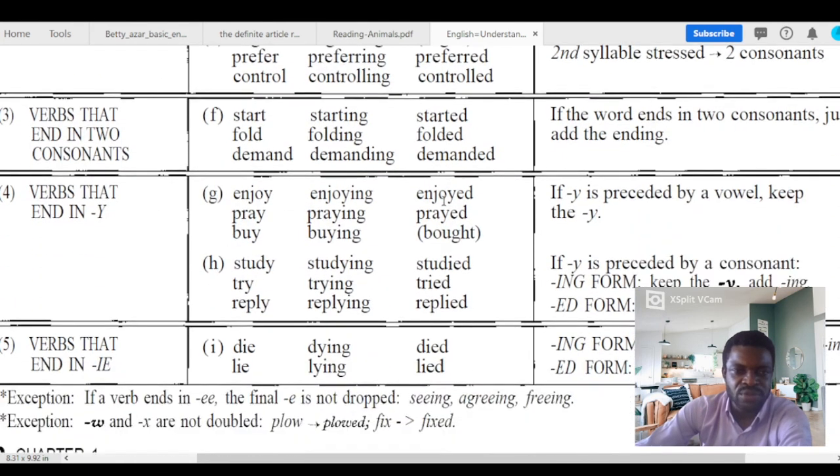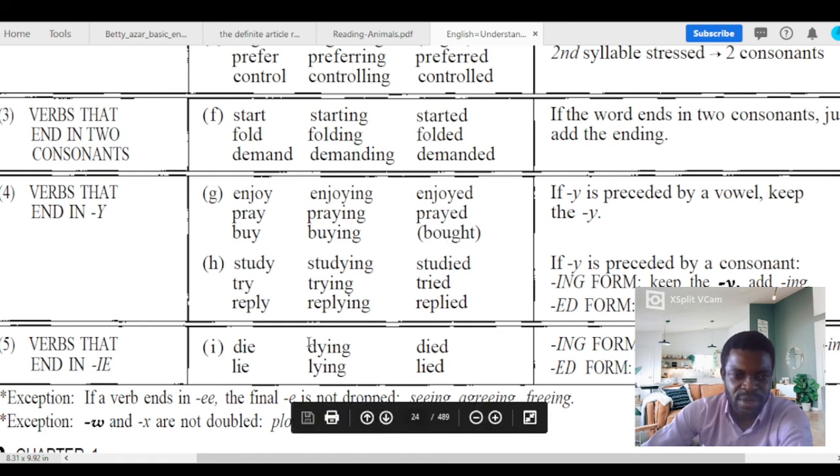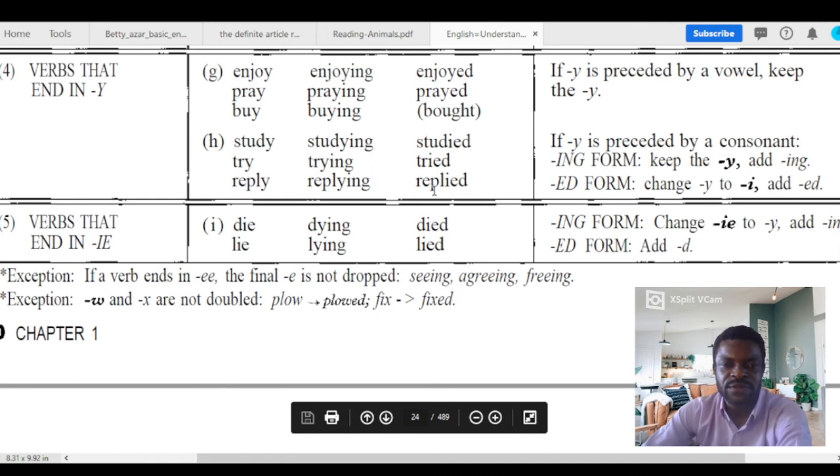Verbs that end in two consonants, I'm not going to take this any further than this. But also understand that we've got verbs that end in IE, for example, die, lie. These are for higher grades, not for your grade, but it's okay, it's not going to hurt if you know it.